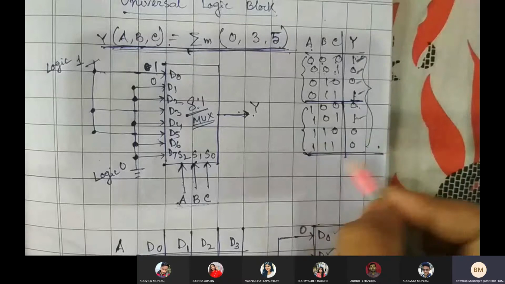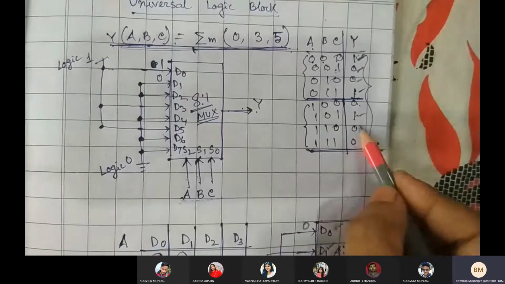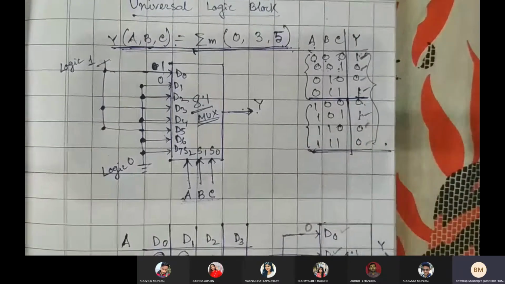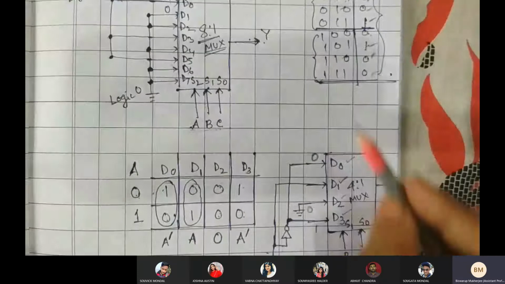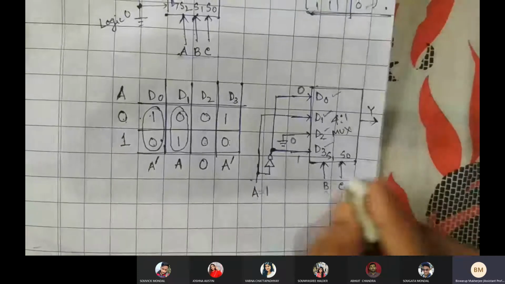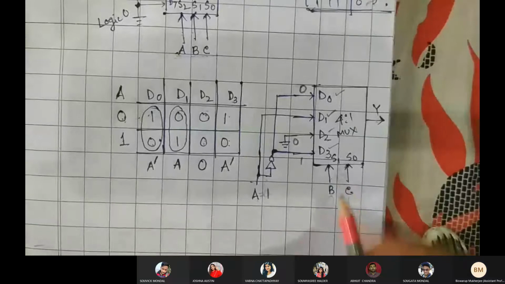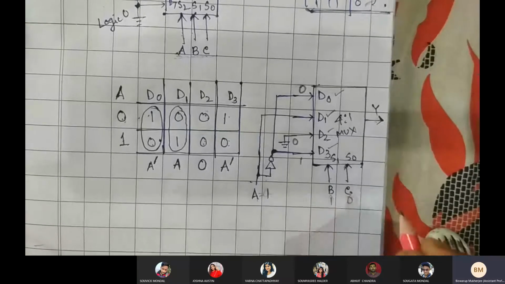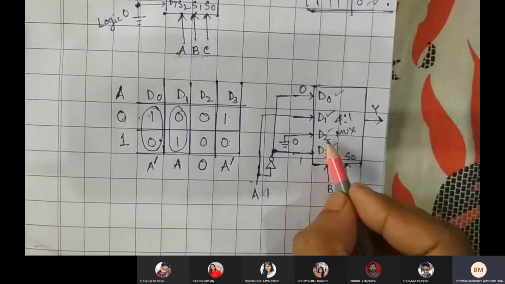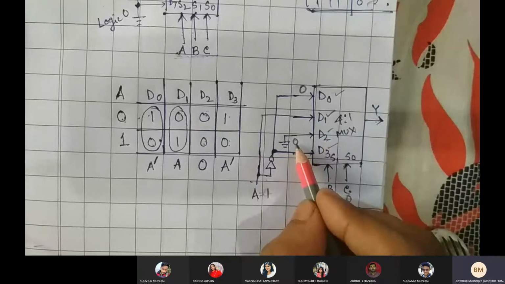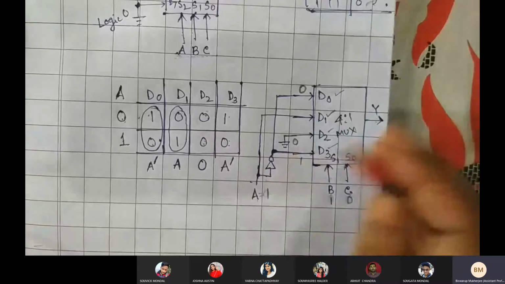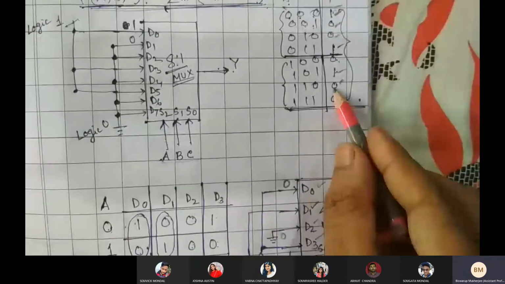Similarly, if you go for the rest of the two, you'll find that 0 and 0 are coming, because if it is 110, that means these two are 10. So 10 denoted by D2, so that is already 0. Output is 0. For 110, output is 0.